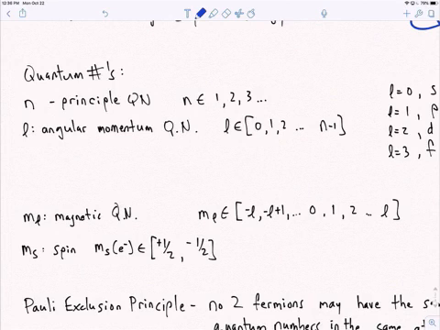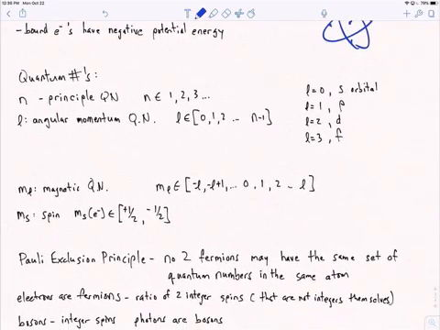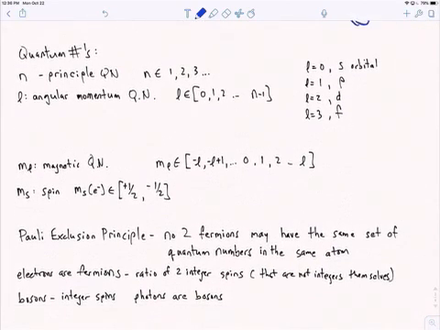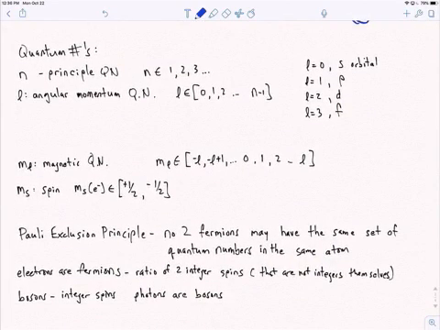So now that leads us to the next point, the Pauli exclusion principle. The Pauli exclusion principle says no two fermions may have the same set of quantum numbers in the same atom. So you can have electrons with the same set of quantum numbers, but they have to be in different atoms.